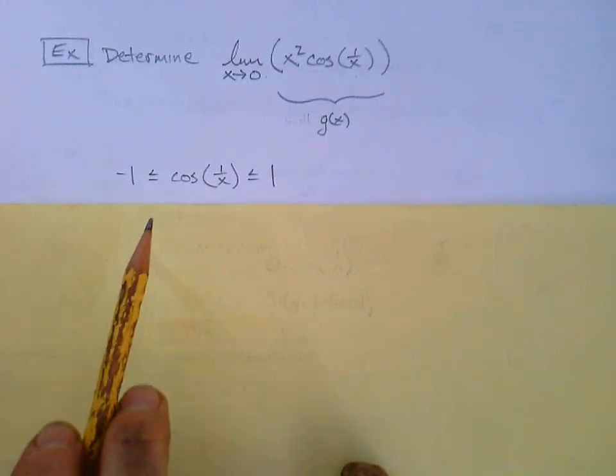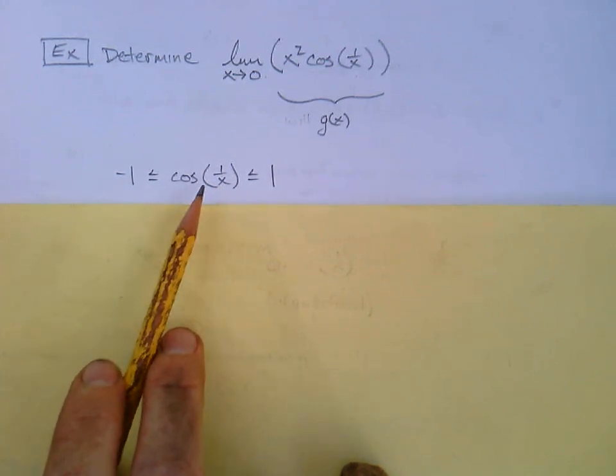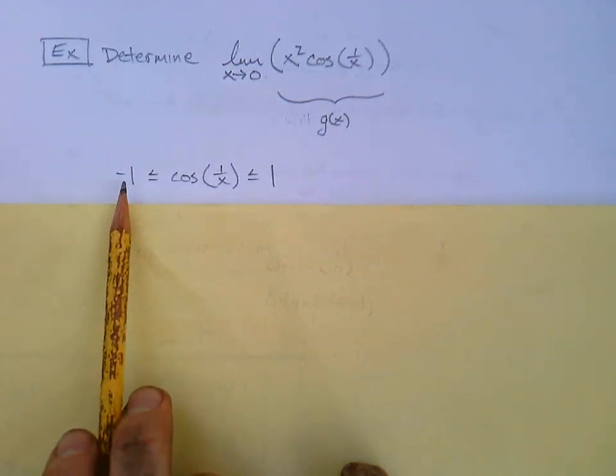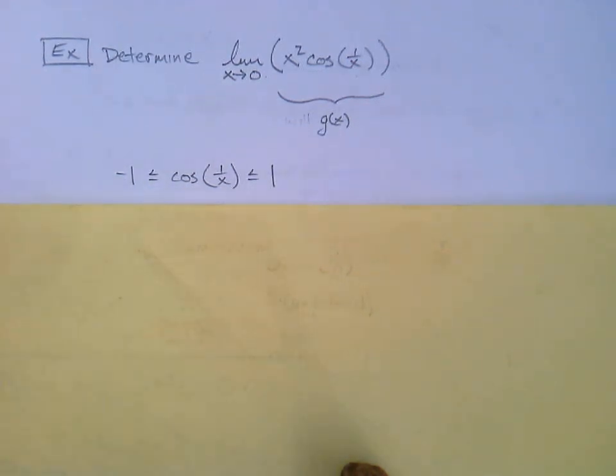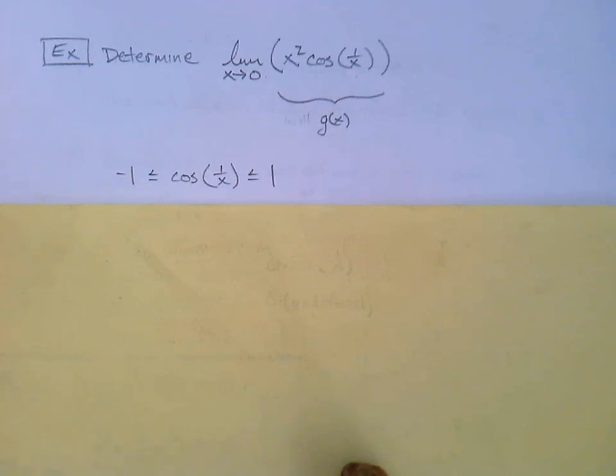That cosine of, well, it happens to be 1 over x, but that's not even so important. The cosine of anything is always somewhere between -1 and +1. And hopefully you agree. Yes, the cosine of anything is always stuck between -1 and +1. It can never be outside of -1 or +1. It could equal them, but it can't go outside of that.